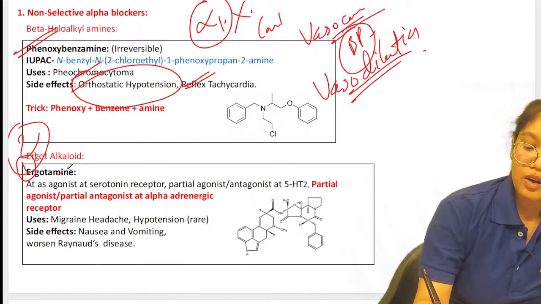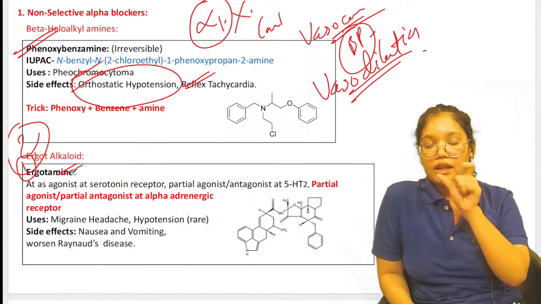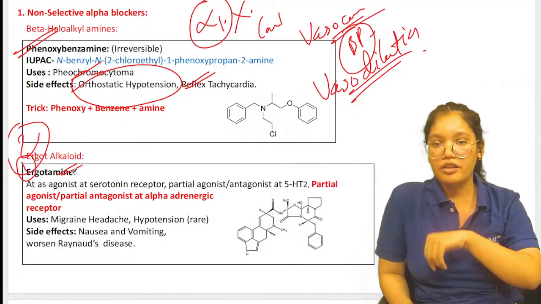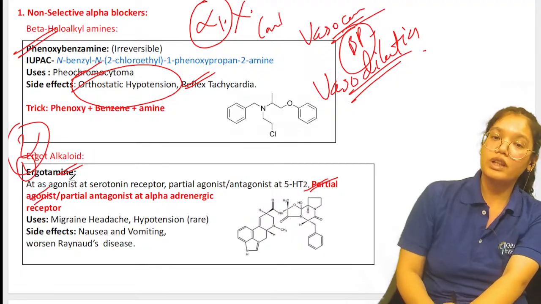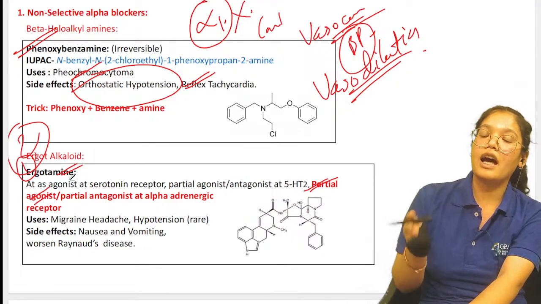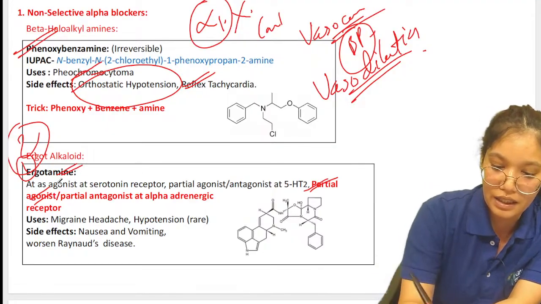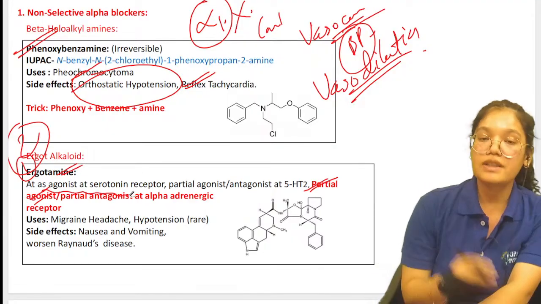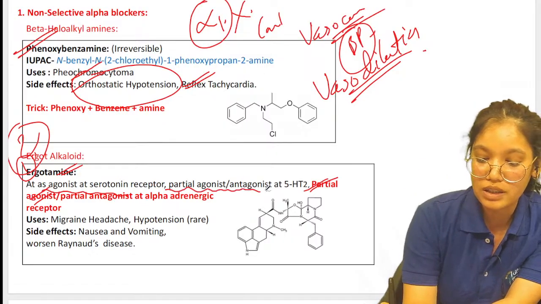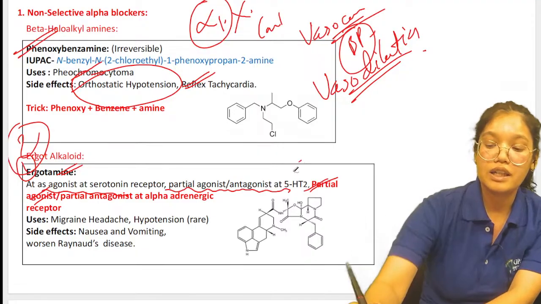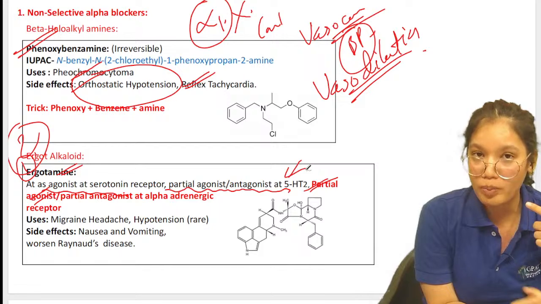Now this ergotamine has a partial antagonist alpha adrenergic blocker effect, only partial. Along with that alpha blocking effect, it has other effects too, which are more potent. It acts as an agonist at the serotonin receptor, it acts as a partial agonist and antagonist at the histamine receptor, and it also acts at the dopamine receptor.